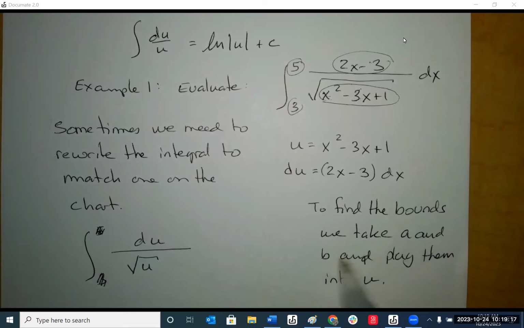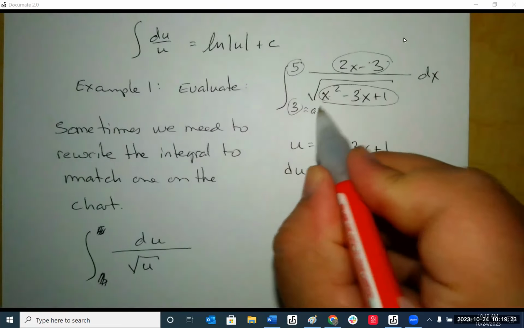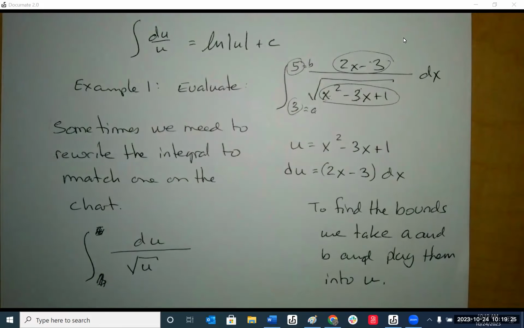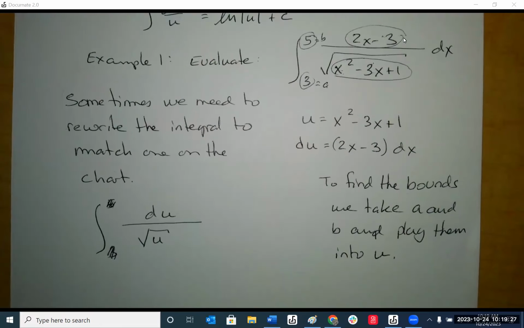When I say a and b, what am I talking about? Yeah, the upper and lower limits, right? So u is a function. When x is 3, what do we get? 3 squared minus 3 times 3 plus 1.